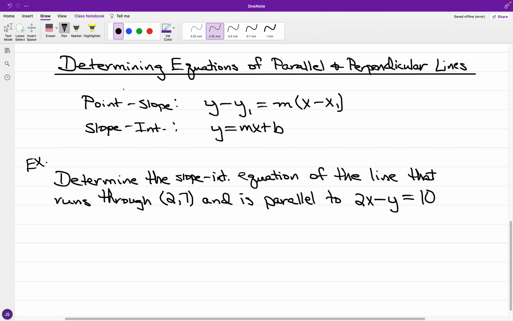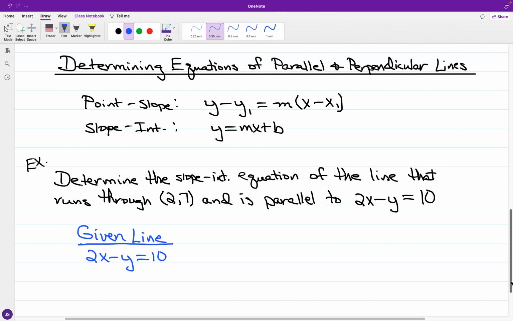Okay, so in the procedure, I'm looking for the slope of the given line. For the given line, I have 2x minus y is equal to 10.